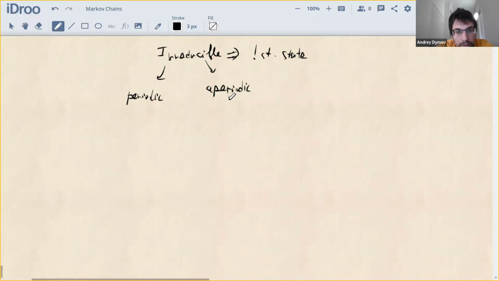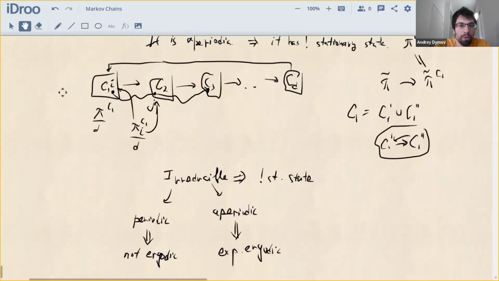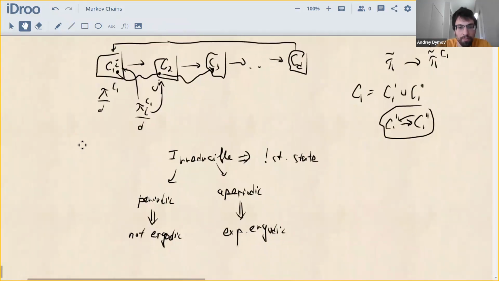If it is aperiodic, then it is exponentially ergodic. If it is periodic, then it is not ergodic. But from the periodic chain, we can construct an exponentially ergodic Markov chain, which is aperiodic, by the procedure I described above, if we consider the chain in D steps, where D is the period, right?